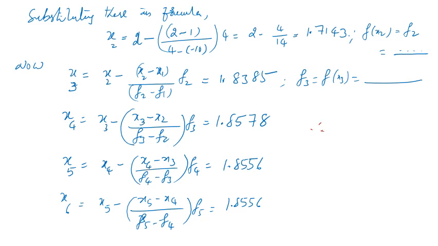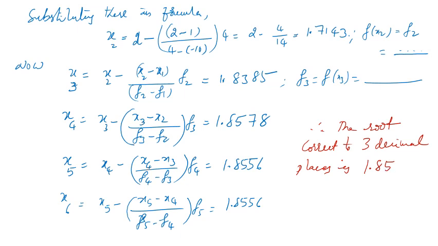Therefore, the root correct to 3 decimal places is 1.856. We have stopped here. Okay, 3 decimal accuracy we are getting.